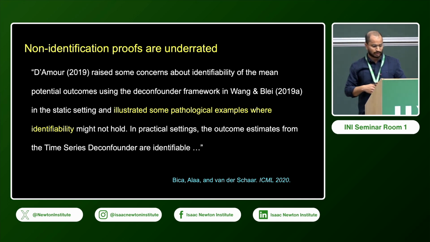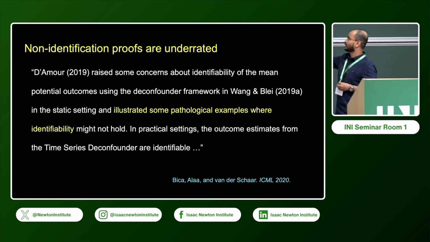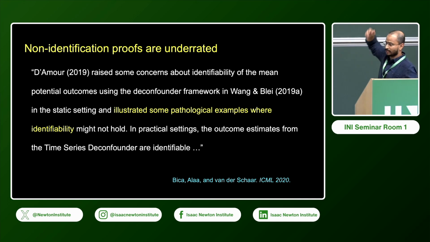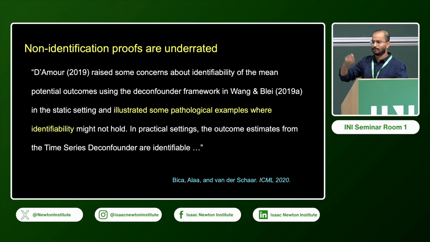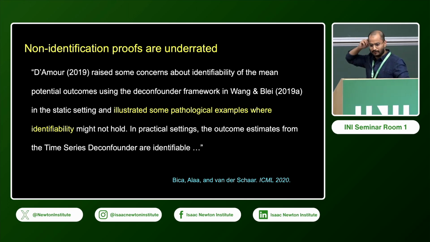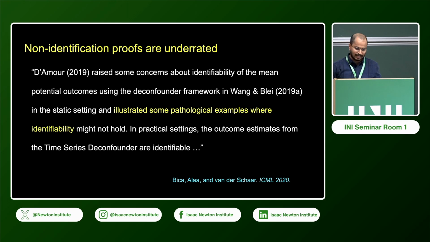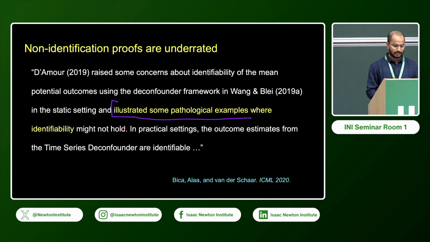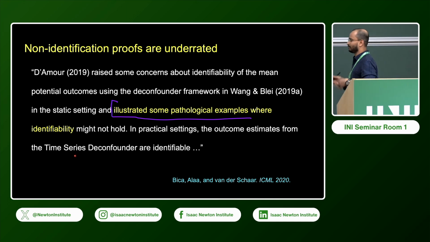This is one follow-up work that says Alex Demore, who wrote some comments about the deconfounder paper along with many of us in the causal community, raised some concerns about identifiability of the mean potential outcomes using the deconfounder framework in the static setting. But they sort of say that, okay, but these were pathological examples where identifiability might not hold. In practical settings, the outcome estimates from the time series deconfounder seem to be just fine.